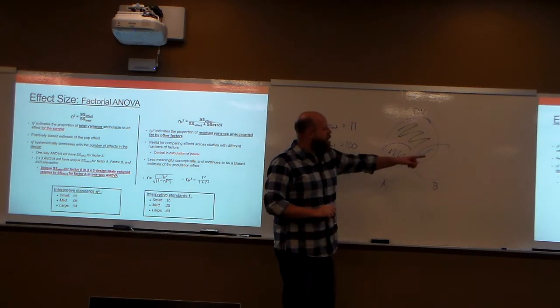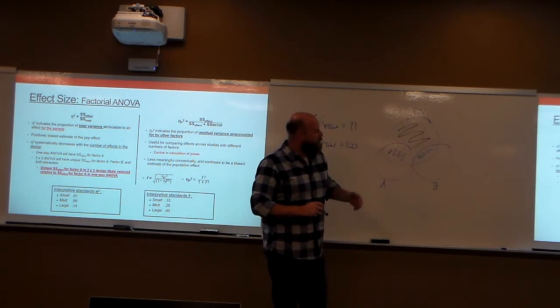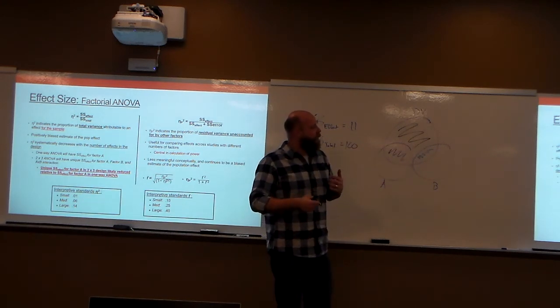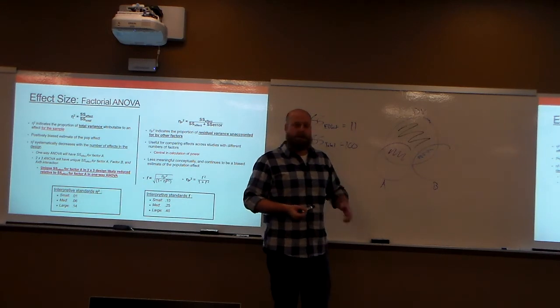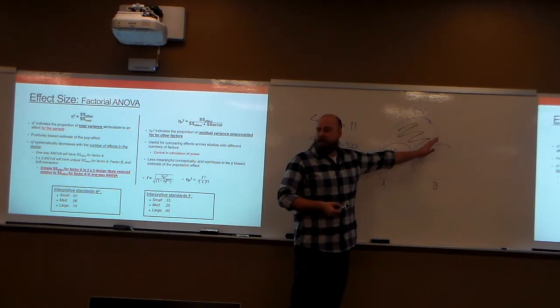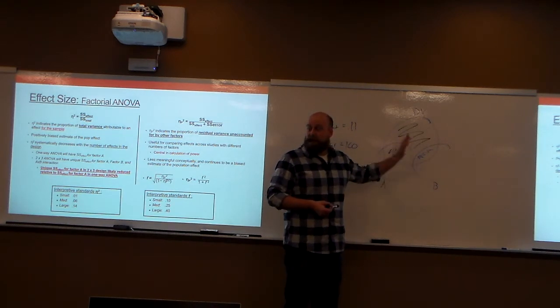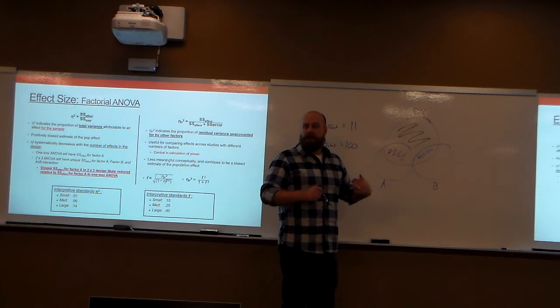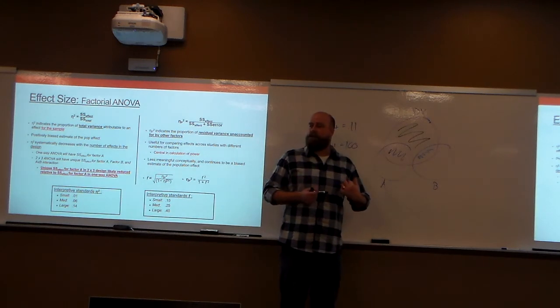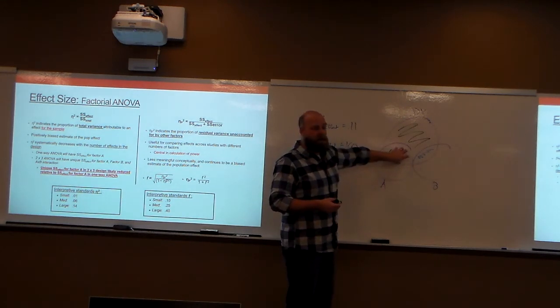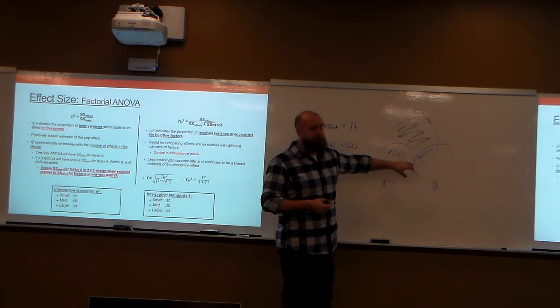When I was talking about the residual variability unaccounted for by other factors, we're saying this is accounted for by B, so we're taking that out of the picture. And so of what's left over after we take B out of the picture, of the residual variability, how much of that is accounted for by this other factor, okay?